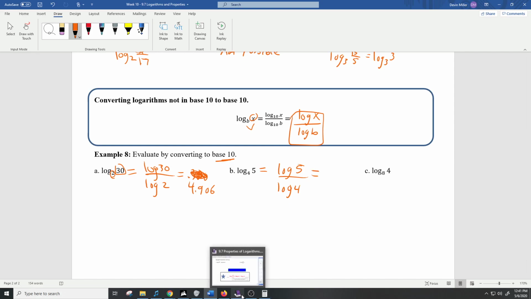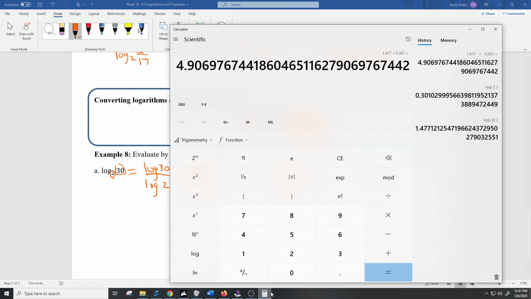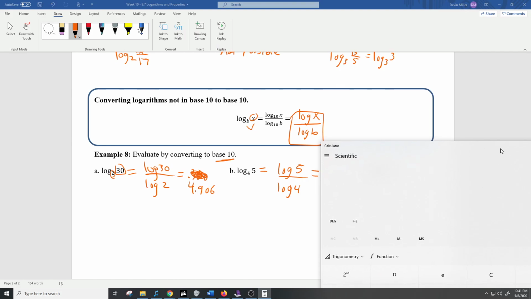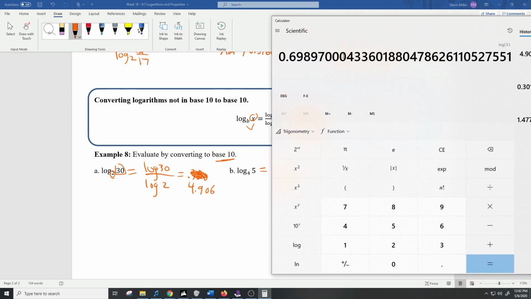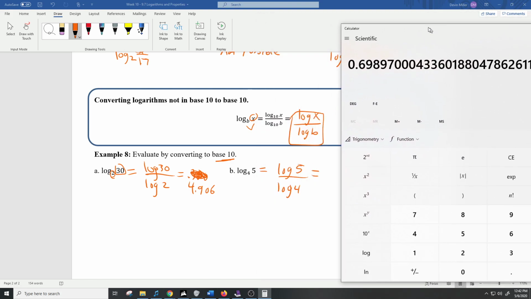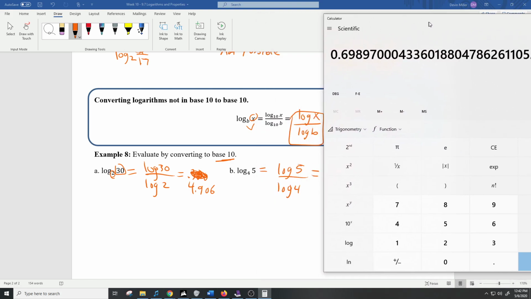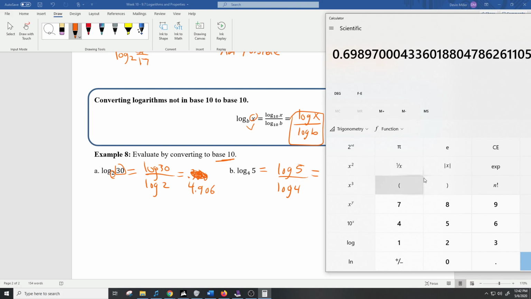So what should this be? I don't like using this one. This one takes way too long, but I'll try it again. So log of 5, which is weird because you have to hit 5 first and then hit log. So 0.6989. And then we're going to do log of 4. 0.602.